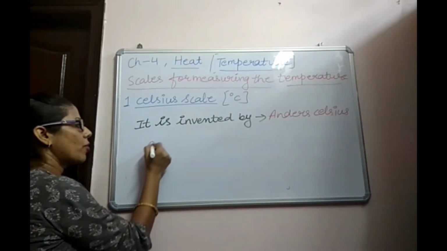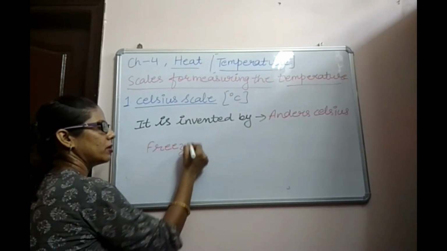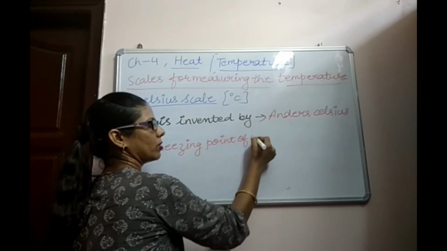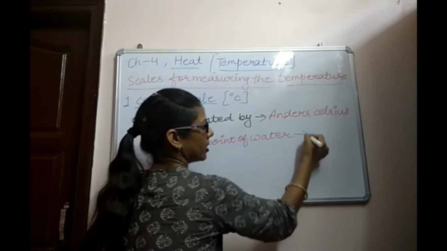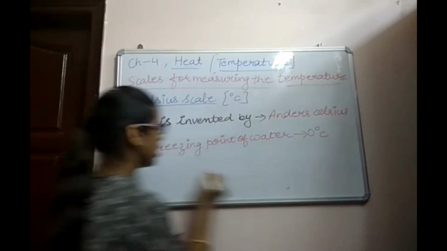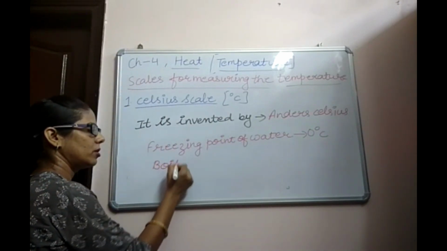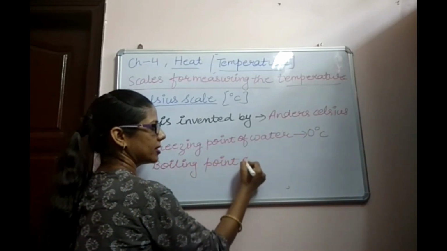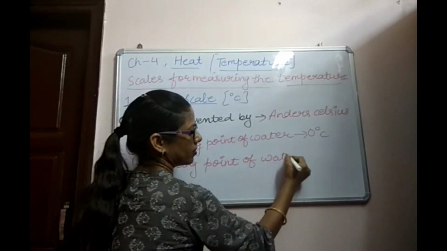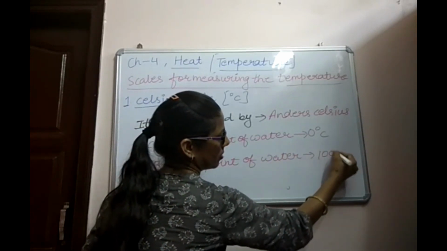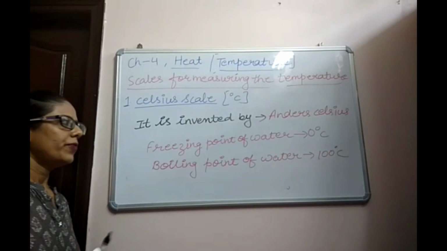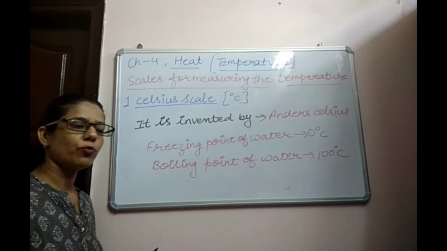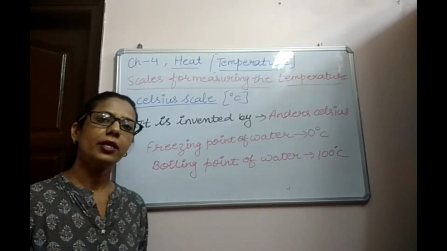The freezing point of water on the Celsius scale is 0 degree Celsius, and the boiling point of water on the Celsius scale is 100 degree Celsius.